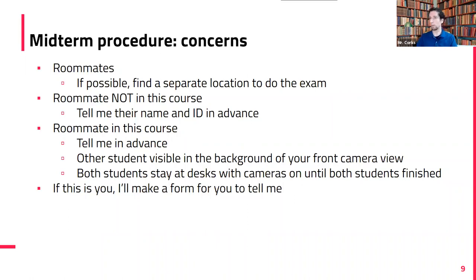So let's go. If you have any questions about the midterm or what's happening, please ask. No questions? Everything's clear? No one has concerns, confusions?